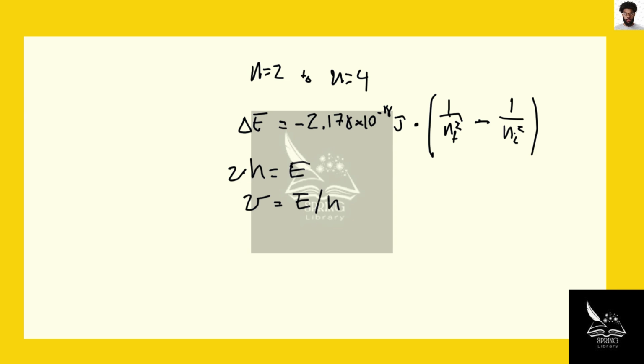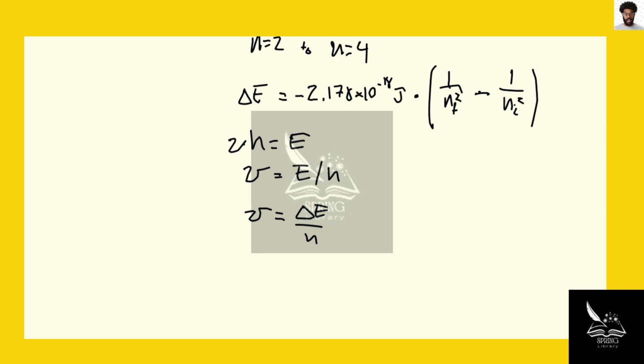So if we can calculate the energy and divide it by Planck's constant, we will have the frequency, or we can just set the equation up like that and say that, sorry, not delta E, that nu will equal delta E over h. We'll have the equation for delta E right here, which is really just to say that this entire equation divided by h will give us the answer in terms of frequency.